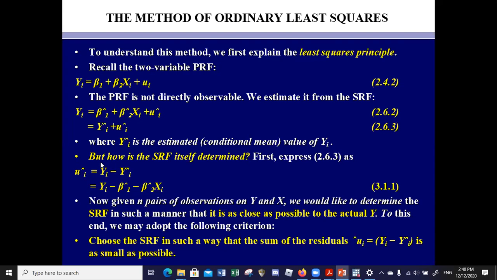It is the difference between the observed value of y in the sample, which is yi, and the estimated average value of y, which is coming from the fitted model. So y minus y hat is the definition of residue. And if you replace y hat by its expression, it becomes yi minus beta 1 hat plus beta 2 hat xi.